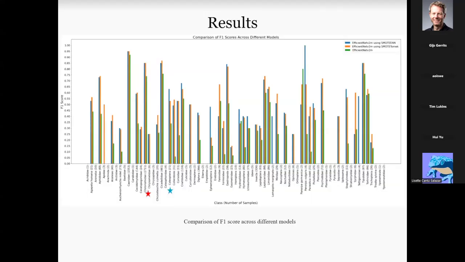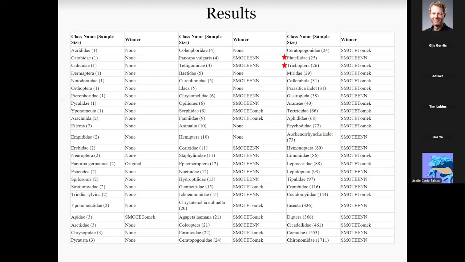So here, the green bar shows the original model, EfficientNet version 2M. The orange bar shows the results with SMOTETomek, and the blue bar shows the result with SMOTEENN. As you can see, for the majority of the classes, we received a higher F1 score, either with SMOTEENN or SMOTETomek. And this can be seen in detail for each class that we have.